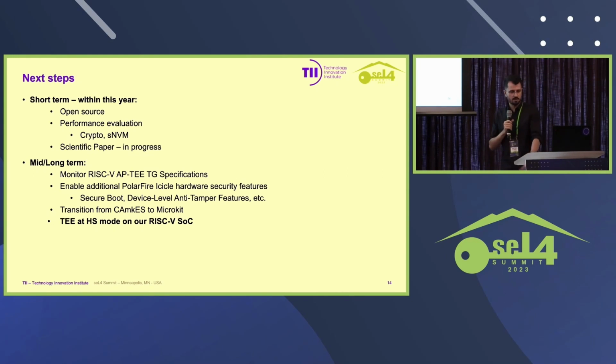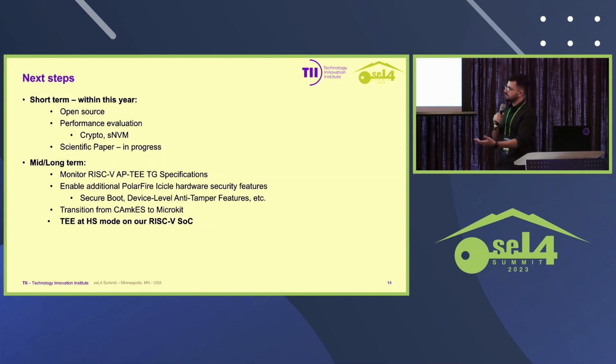Of course, we have been monitoring the specifications from the RISC-V community, because at the end, we want to follow those specifications and have this kind of TE services on our side. We have to enable also additional hardware features from the PolarFire. The transition to microkit, I think, is pretty standard.